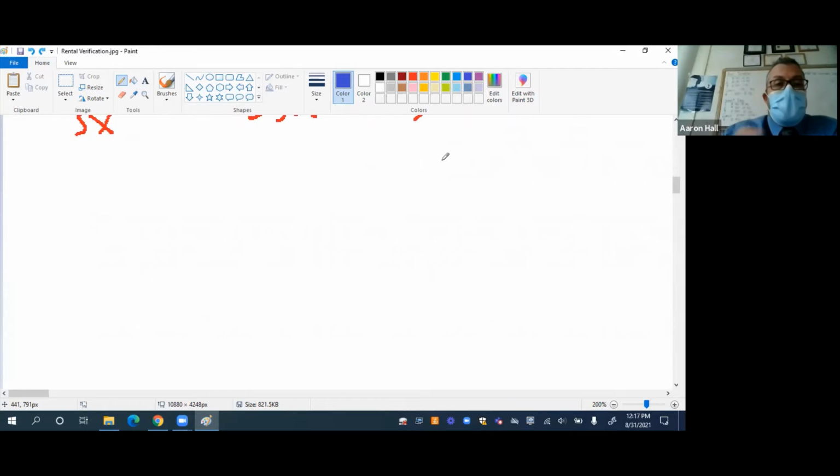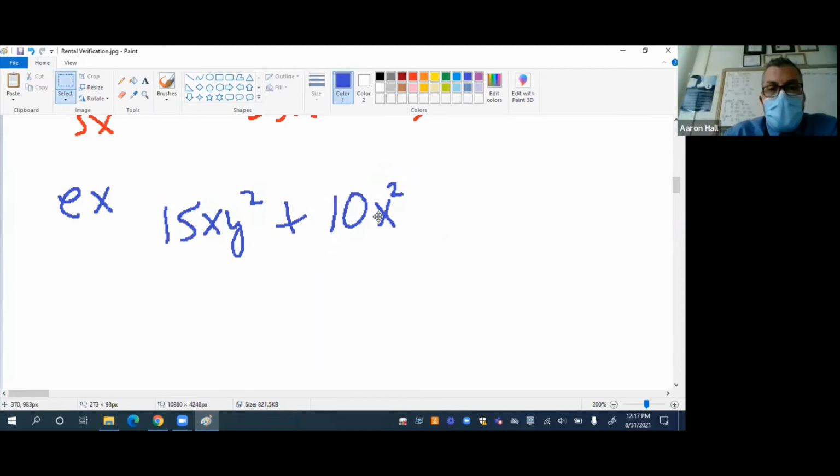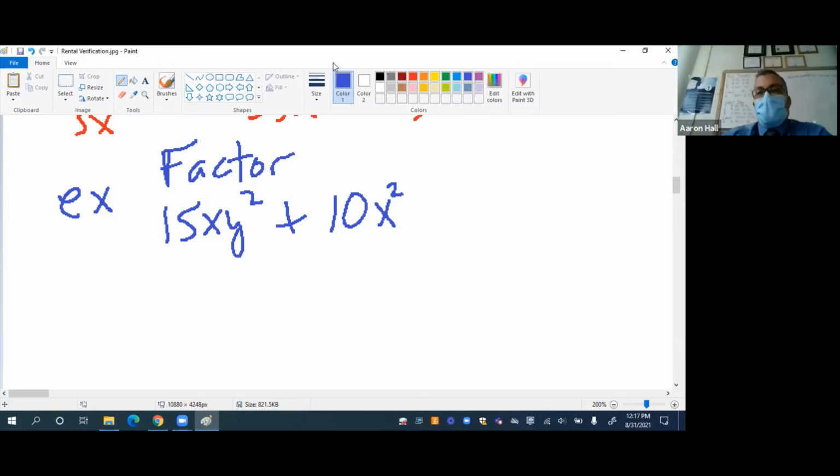Okay, here's another example. 15xy squared plus 10x squared, and I want to factor. How do I factor this?